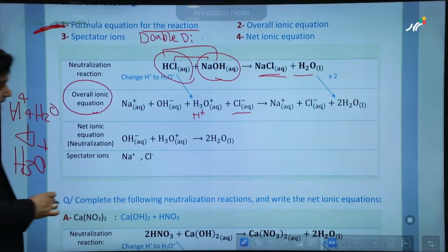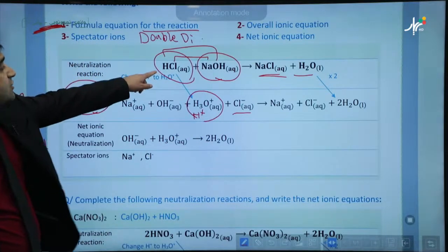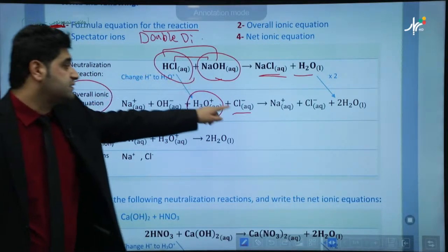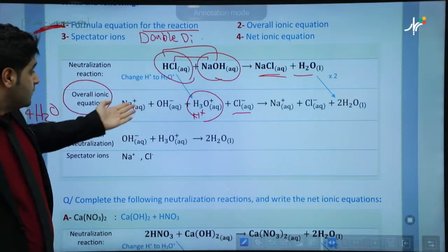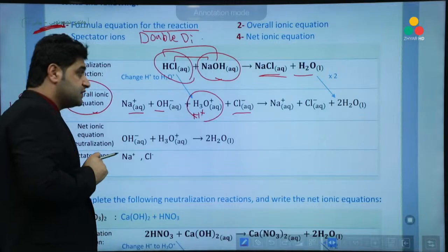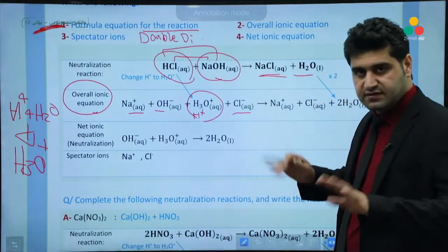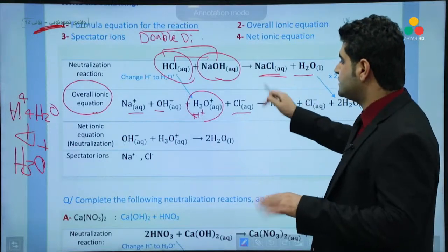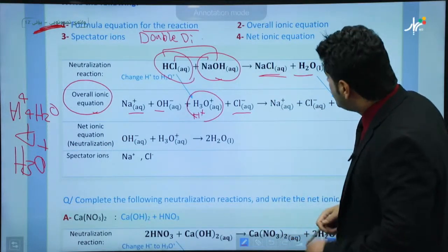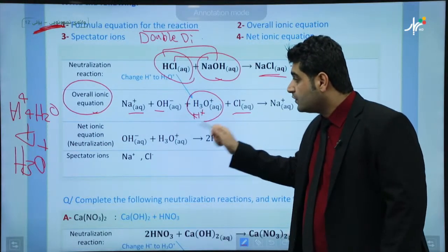H3O+. Now H3O+ came from that H of HCl, and Cl-. For NaOH, we get Na+ and OH-. Teacher, now we just disturbed that balance. So how do we add a water molecule here?